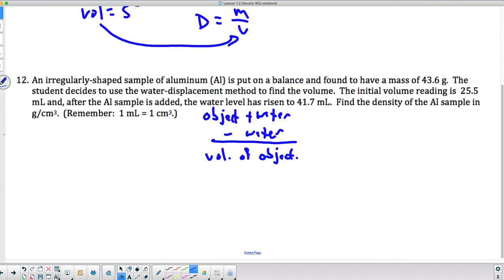So you just have to subtract the object with the water minus the water. Object with the water looks like this one. And the initial volume of just the water looks like that one. You subtract those two. That gives you the volume of the object, and then you can do your normal density calculation.